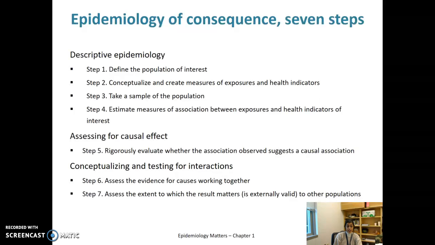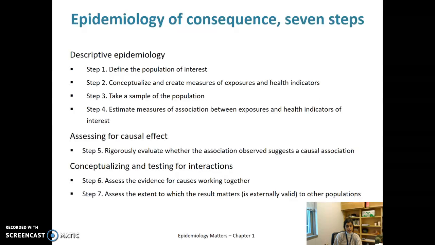Step 5 is rigorously evaluating whether the association observed suggests a causal association. And then the third part of the analysis is conceptualizing and testing for interactions. So step 6 is assessing the evidence for causes working together.